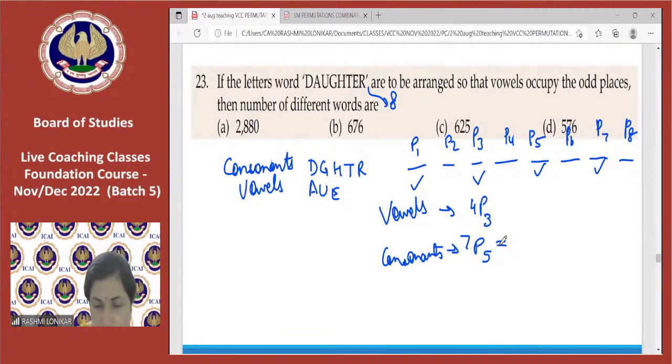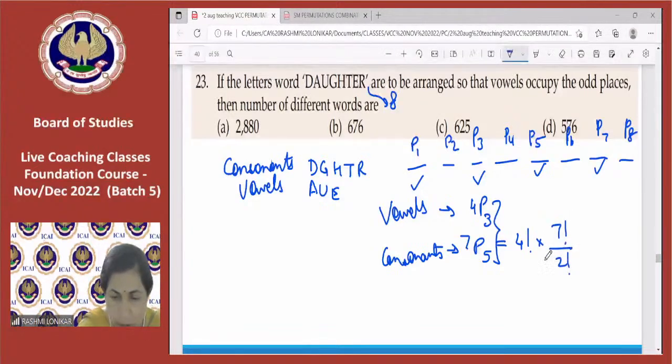So this is how much? 4P3 is how much? And 7P5 is equal to 7 factorial upon 2 factorial, 7 minus 5, that is 2 factorial.